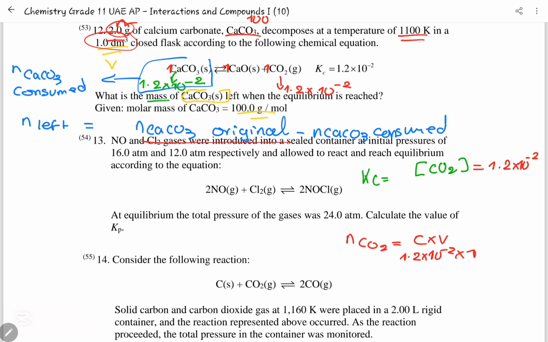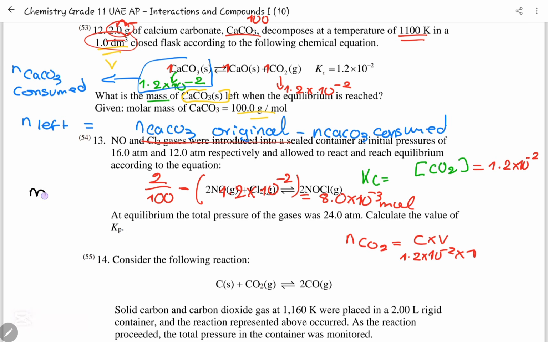We have the mass and we have the molar mass, so it's going to be mass divided by molar mass. So it's going to be 2 divided by 100, minus the consumed number of moles of CaCO3, which is 1.2 times 10 to the power of minus 2. You put it on your calculator, I got an answer of 8.0 times 10 to the power of minus 3 mole. So this is the remaining number of mole of CaCO3.